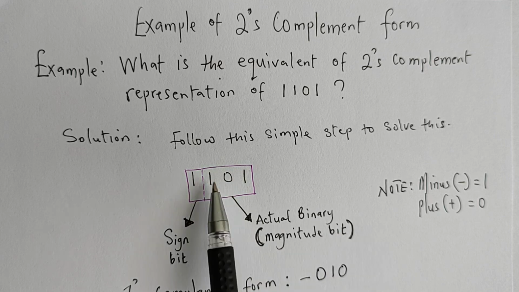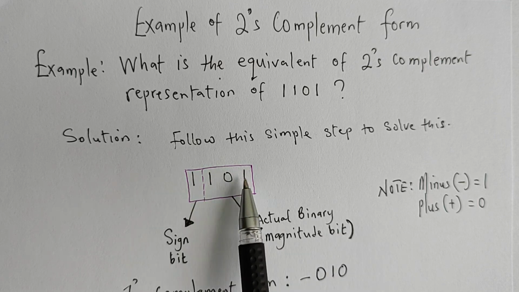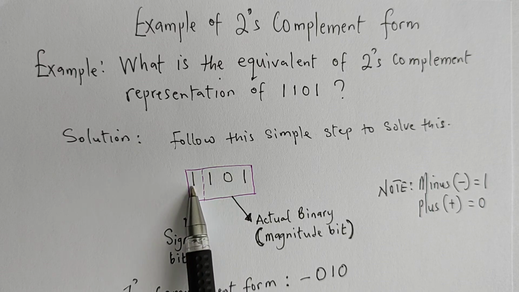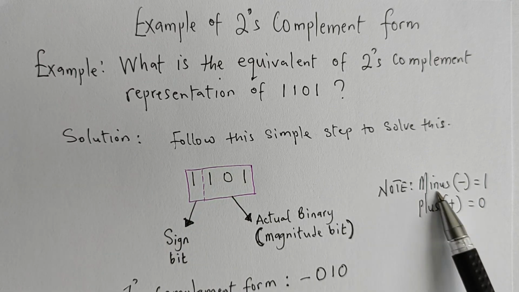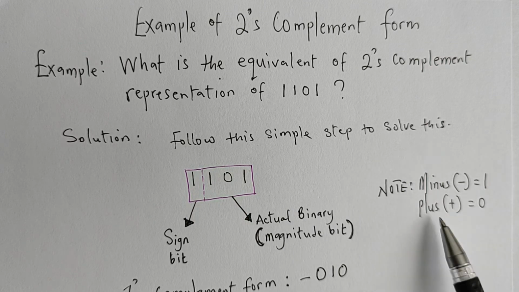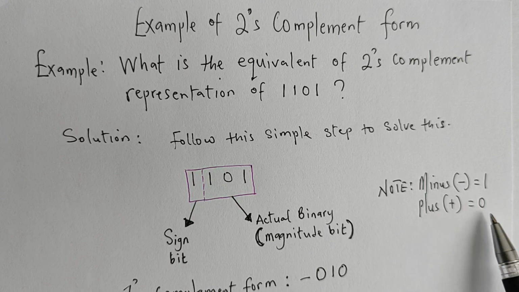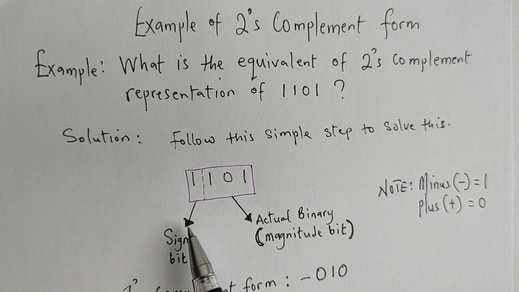So we have the magnitude bit to be 1, 0, 1, and the sign bit to be 1. We all know that the sign bit for minus is 1, and the sign bit for plus is 0. So the sign bit 1 is going to be minus.